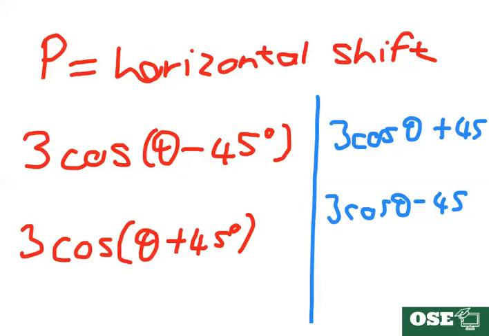I think the difference is that the red one does have brackets, and the blue one doesn't have brackets. That's what I think. Okay, how will it then affect the graph?